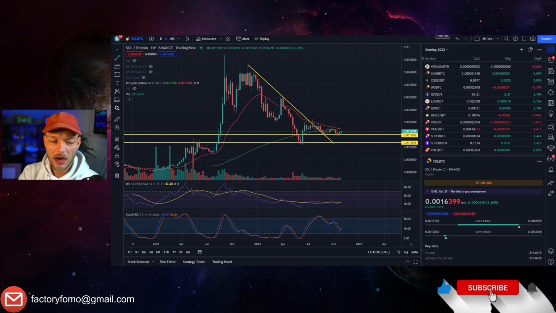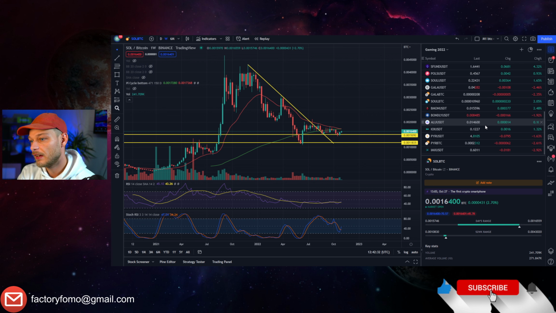So let me see if I have a coin in my portfolio that I haven't... Let me see if I have a coin. I want to give you one more example on something. So let me see if I have a coin right here that I haven't on my TradingView yet that I can add right there. What is there?